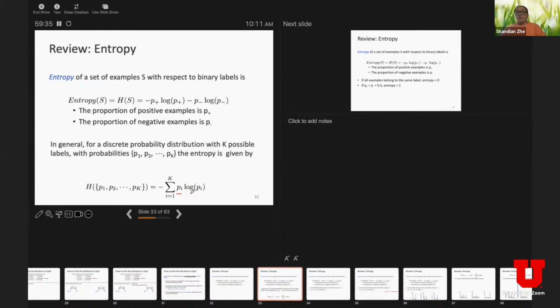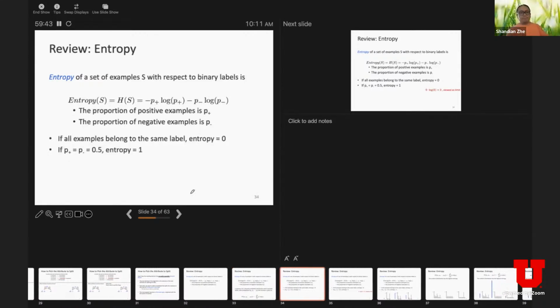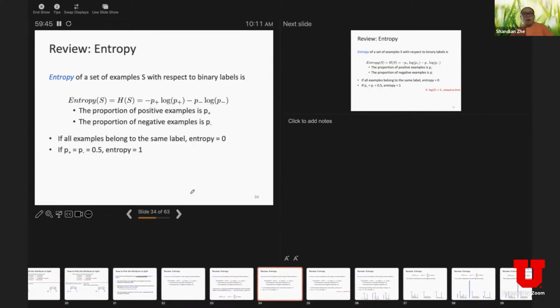So what does entropy reflect? Actually, it's highly consistent with our intuition about uncertainty. If all the examples belong to the same label, then the entropy is 0. It's very intuitive. If all the examples have the same label, no matter whether it's positive or negative, I don't have any uncertainty about the labels.